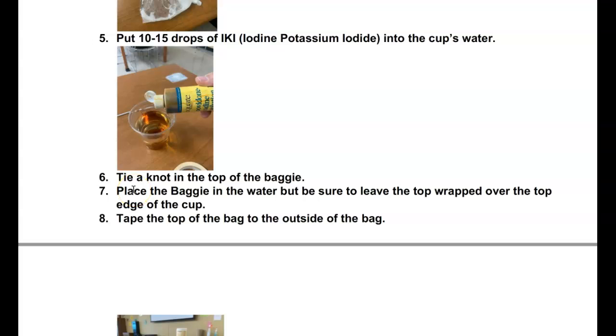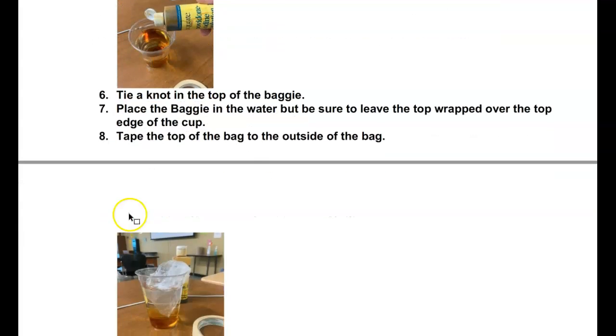Place the baggie in the water, but be sure to leave the top wrapped or folded over the top edge of the cup. You want to prevent the top of that bag from getting down into the water. You want to keep it out to prevent leaking. Tape the top of the bag to the outside of the cup. Okay, so it's going to look like this.